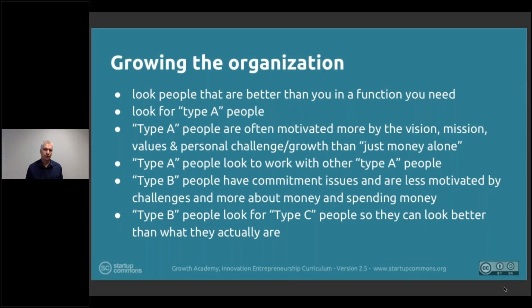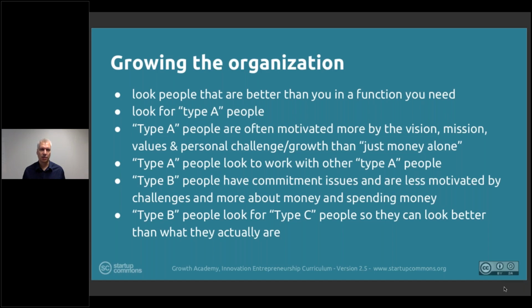Growing the organization, again, getting the types of people that you want. Of course, they need to resonate with the why and the mission, vision and so forth, but really look for type A people that are motivated by the vision, mission and values more or equally as much as the money that is being paid to them.